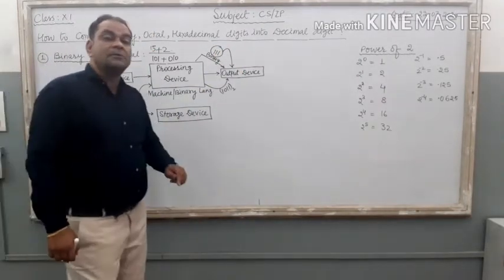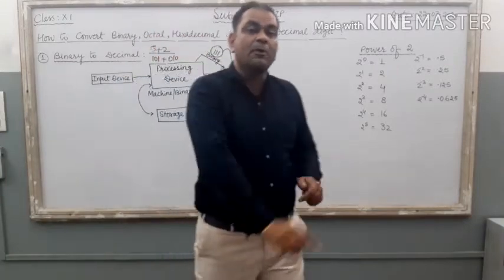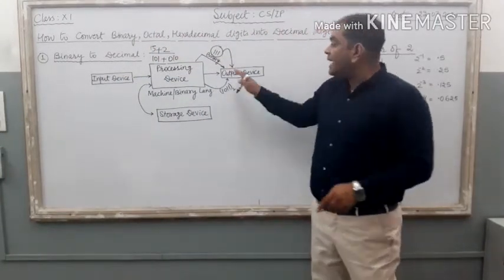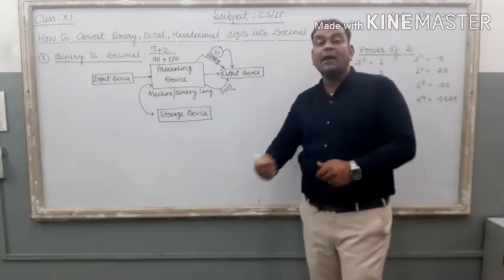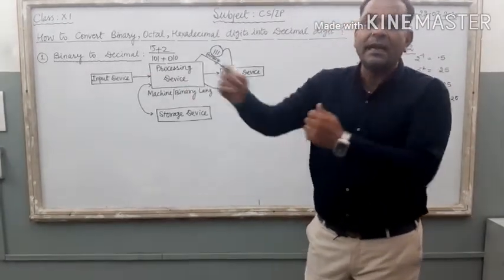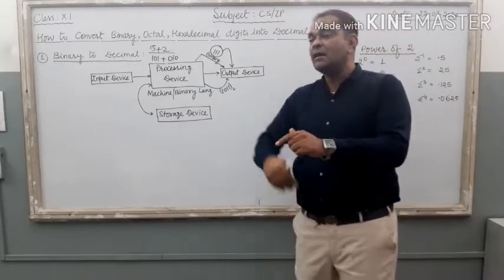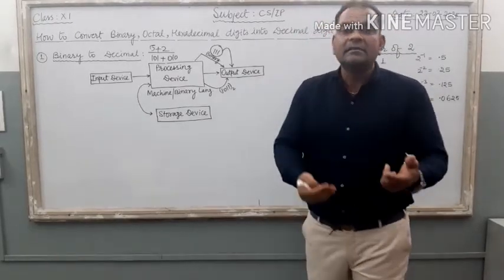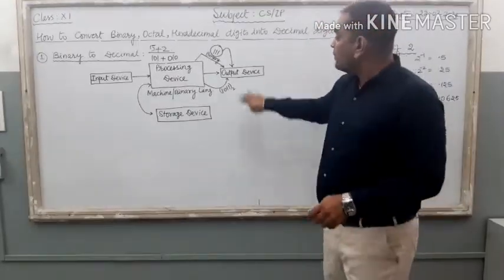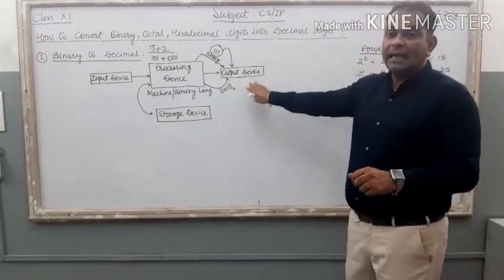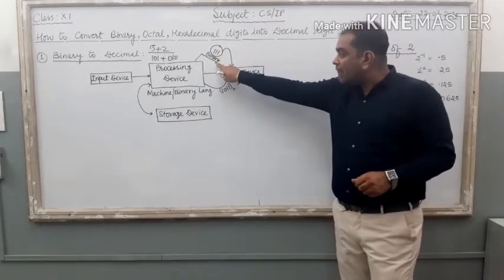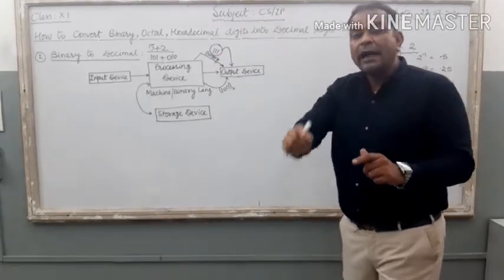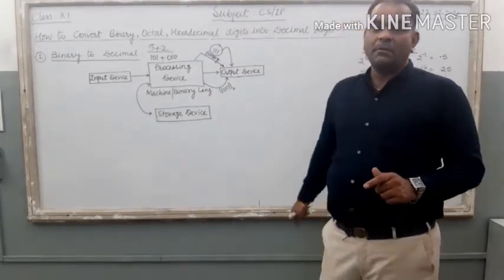Clear? Now the binary digit approaches the output device. It is the responsibility of each and every output device to convert this binary number into a user's readable format. User's readable means either English language or the decimal number system. So there is a converter in each and every output device that converts the binary language input into its decimal counterpart, right?